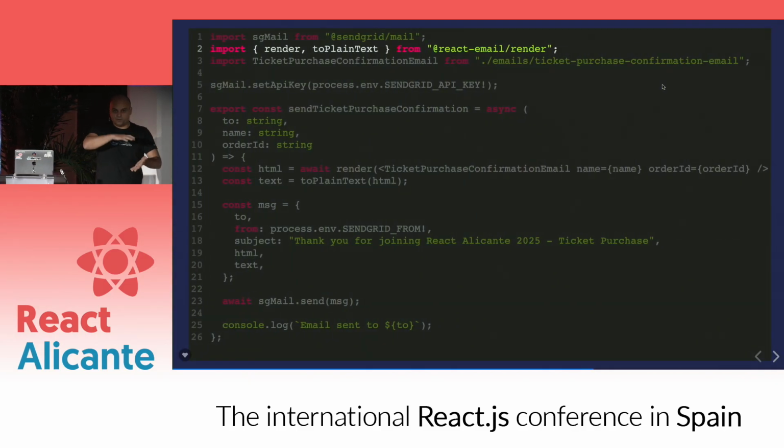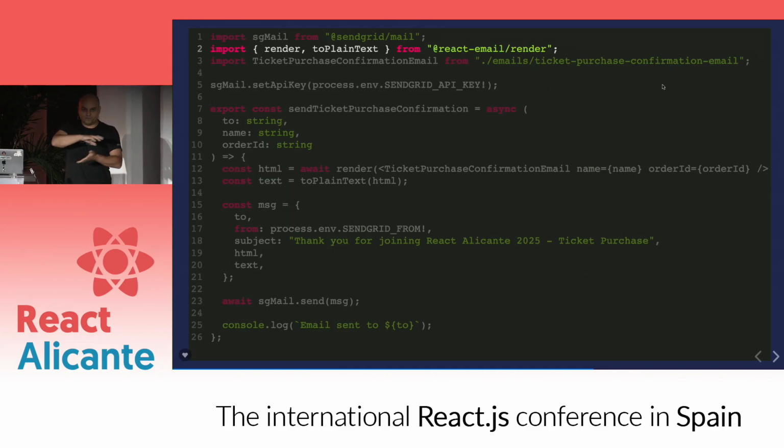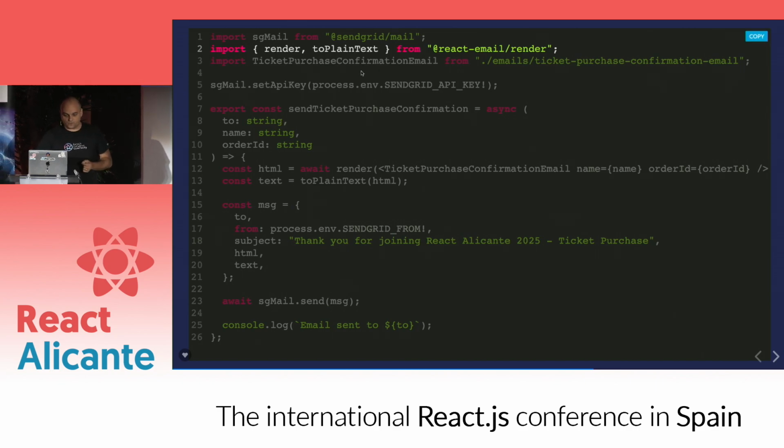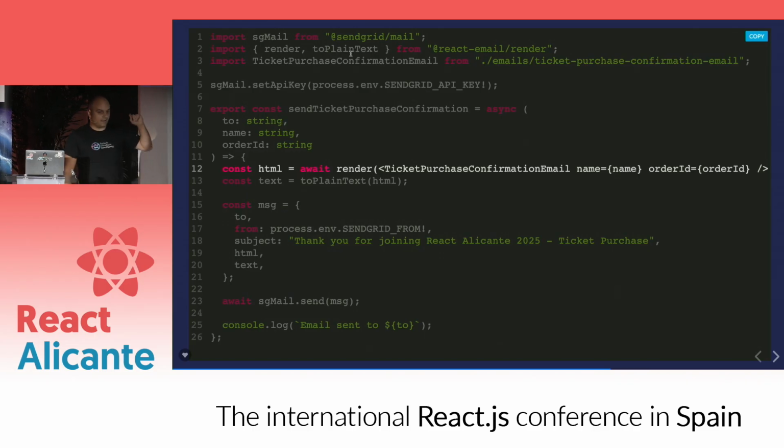Now we talked about the component, of course you can't ship it directly like that. So React Email has a renderer. We import it here, and we also import the toPlainText. And it's simple. We also import the email template. And this is the whole line that transforms your React components into HTML that you can send.